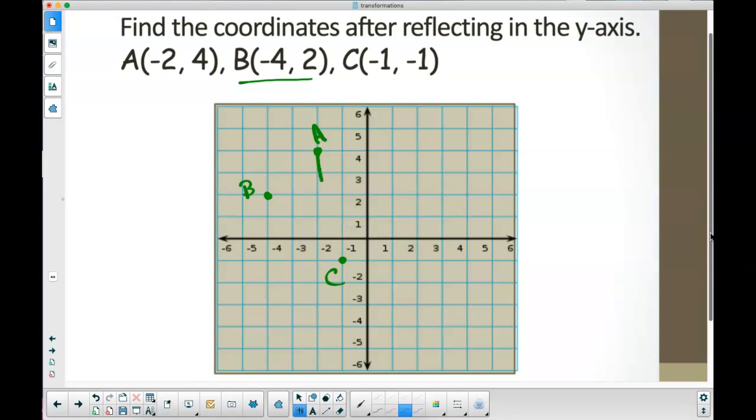There's C. Okay, if we're reflecting in the y-axis, we're flipping the same way again. This time we're just going to the other side. So there's 1 unit away, 1 unit away. There is C prime.